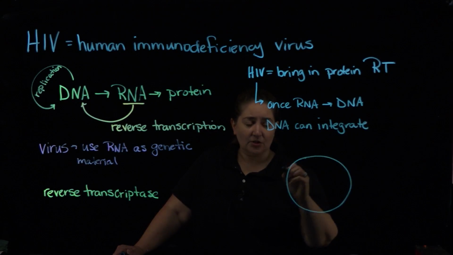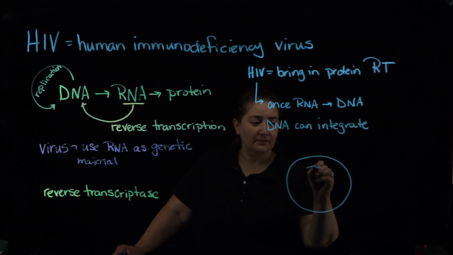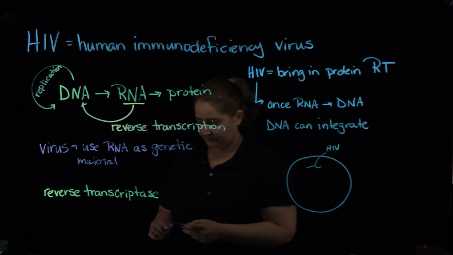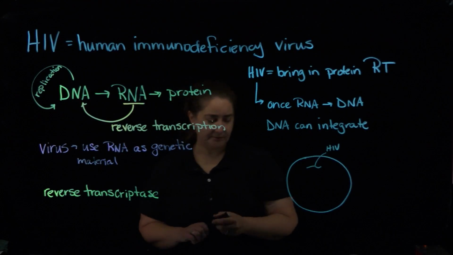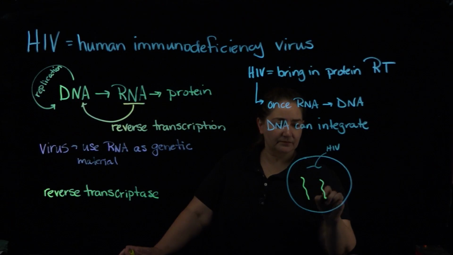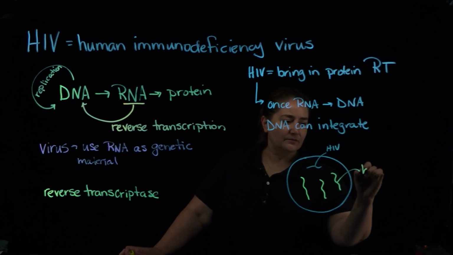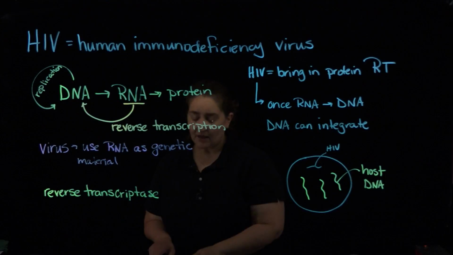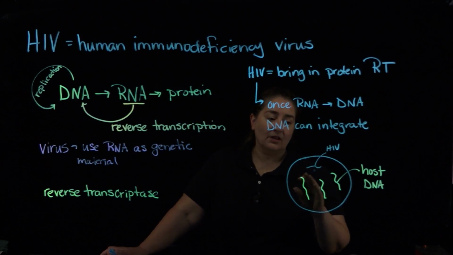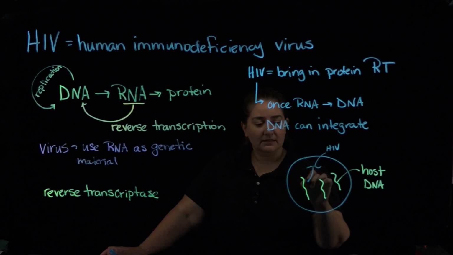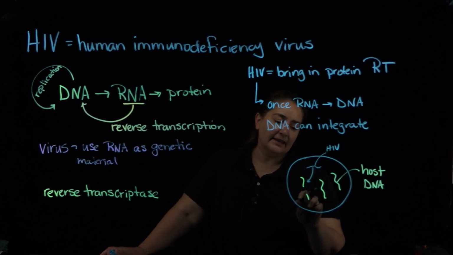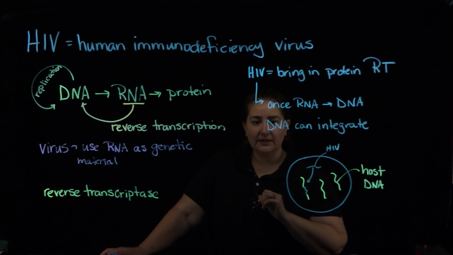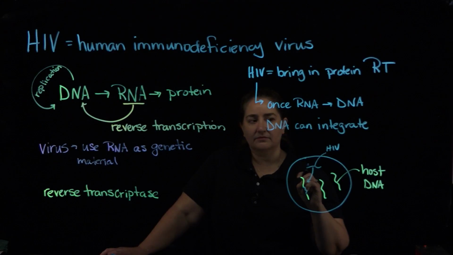So if I draw, I'm just going to draw the nucleus here. This is our HIV, and I'll use a different color. This is our host cell DNA, so this might be your DNA, although I certainly hope not, okay? But a eukaryotic cell. What can happen? That DNA now can make room for itself in the host's DNA, okay?